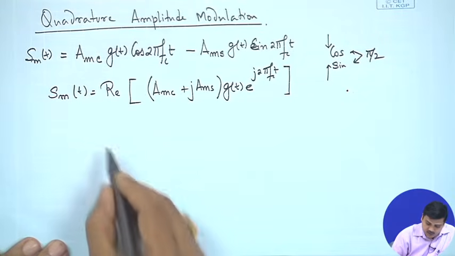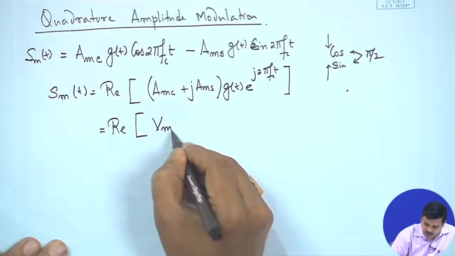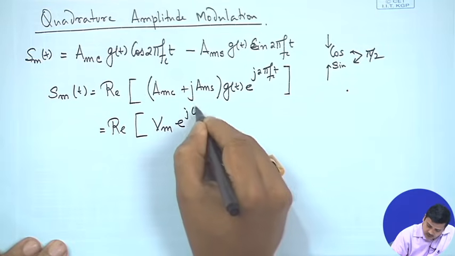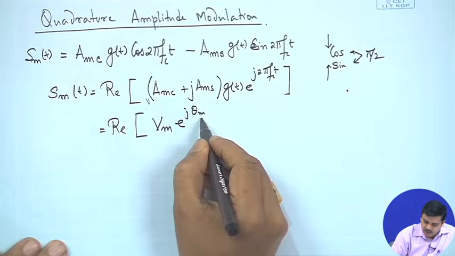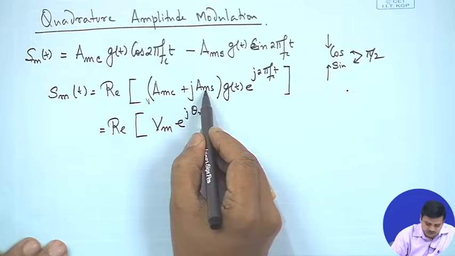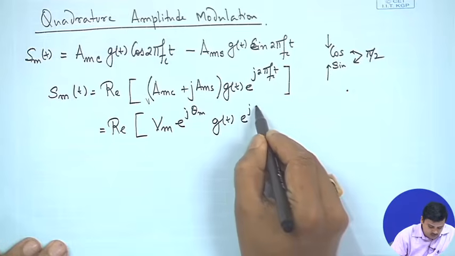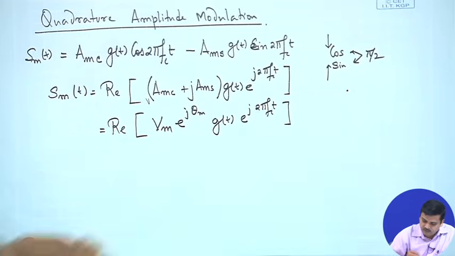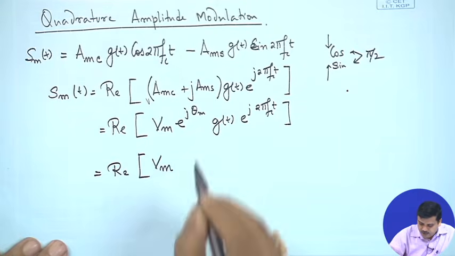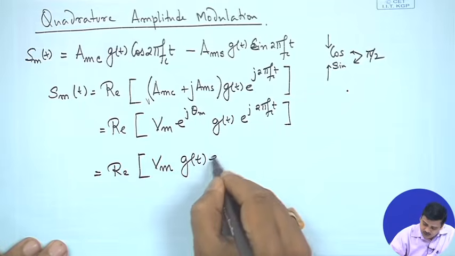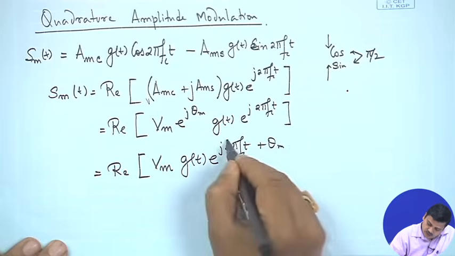We could also write this as the real part of V_m e to the power of j theta_m, where V_m is the square root of A_mc squared plus A_ms squared, and theta_m is the tan inverse of this over this, times g(t) e to the power of j 2 pi f_c t. You could also write this as the real part of V_m g(t) e to the power of j (2 pi f_c t plus theta_m).